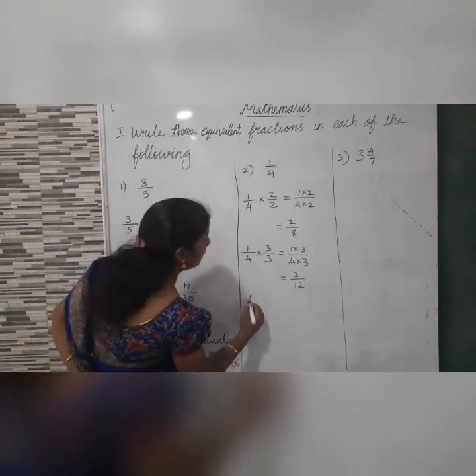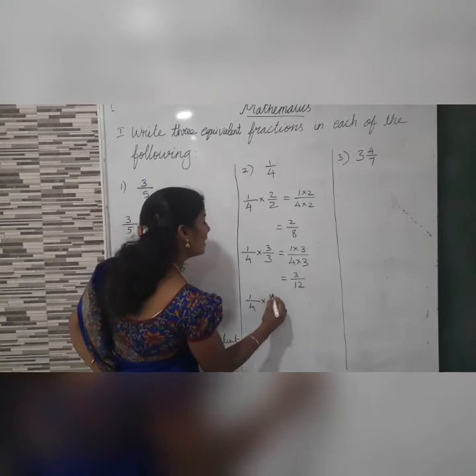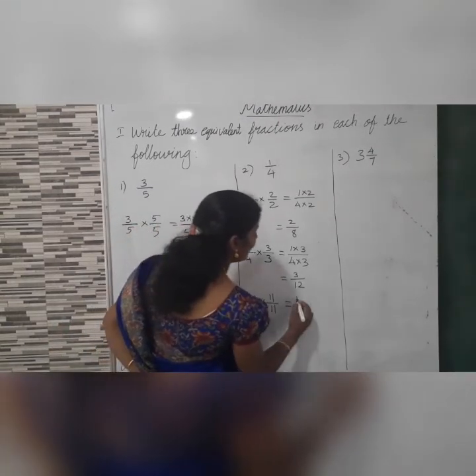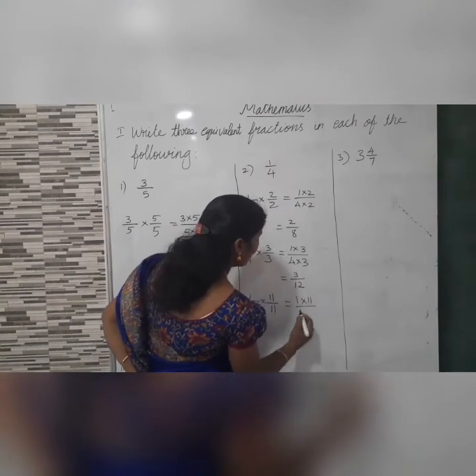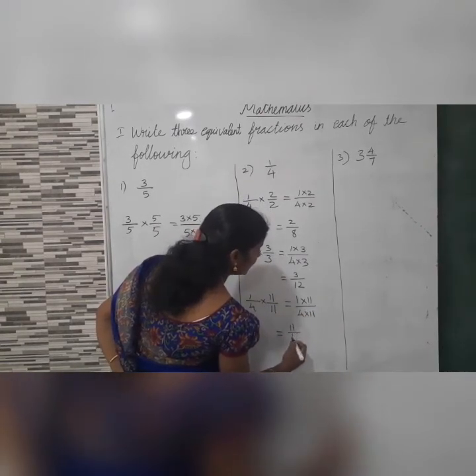Then 1 by 4, now we can take 11 by 11 also. 1 into 11 is 11, 4 into 11 is 44, isn't it? So 11 by 44.